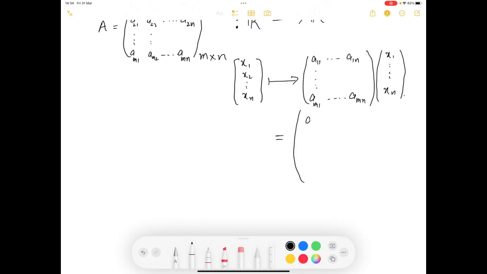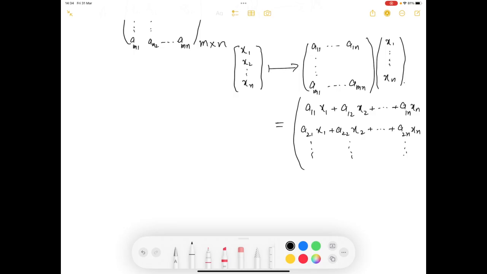We will get a11 x1 plus a12 x2 plus a1n xn, and in the second row we will get a21 x1 plus a22 x2 plus a2n xn, and at the last entry, when we multiply this last row with this vector, we will get am1 x1 plus am2 x2 plus amn xn.